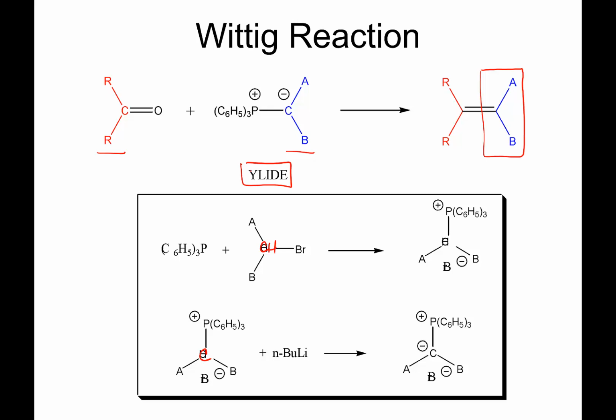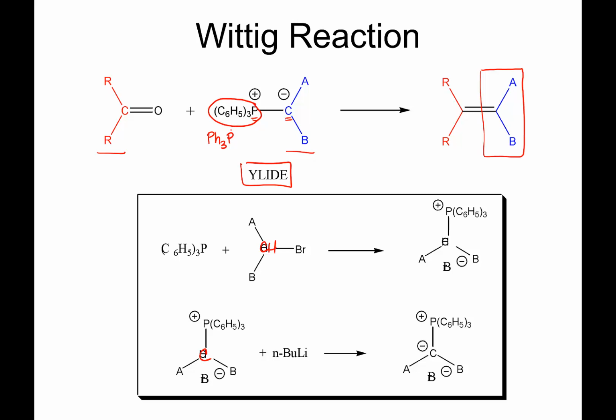The ylide is what I'm going to react the ketone with. And notice the ylide has a phosphorus plus with a C minus. You might say, why don't you just form the double bond? Okay, we'll do that. But this phosphorus is triphenyl phosphorus that we talked about in Heck coupling. And I'll show you how this works.